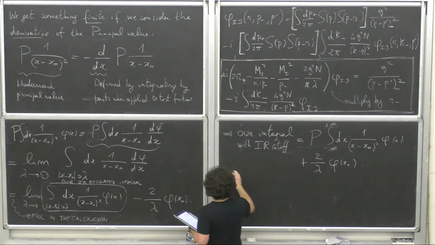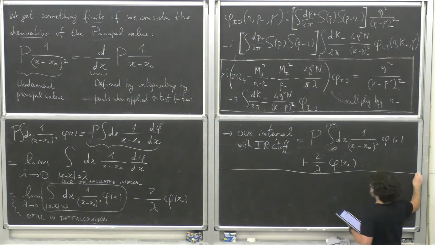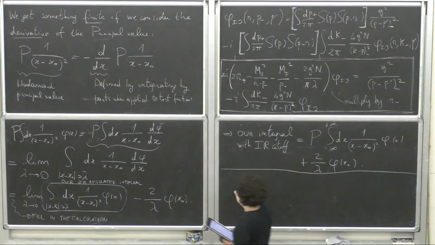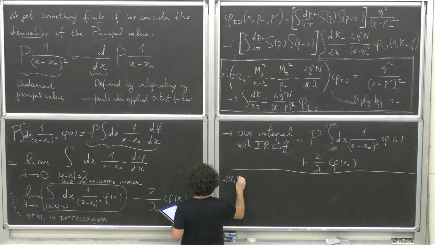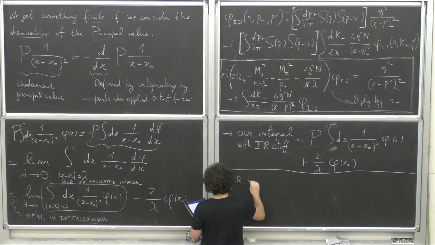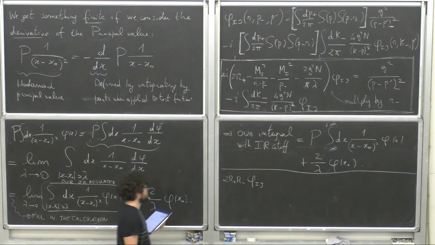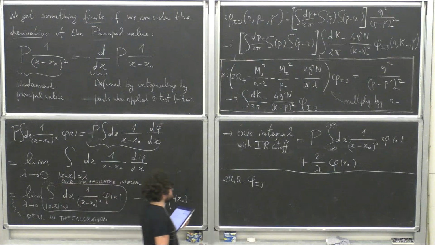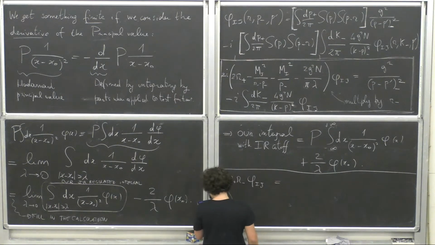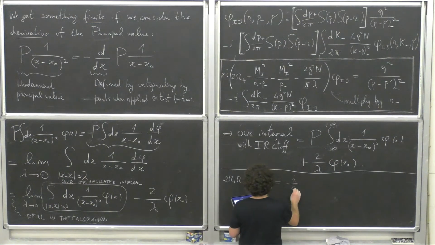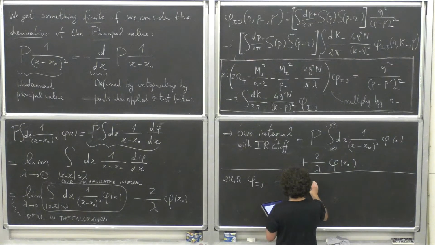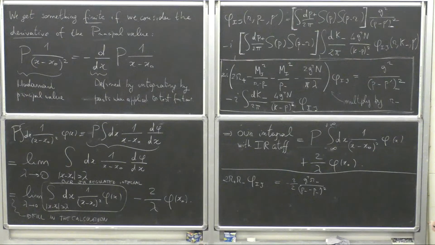And finally, we get 2 r plus r minus phi ij is equal to, so if I want to be super precise, let me be a little bit precise here.